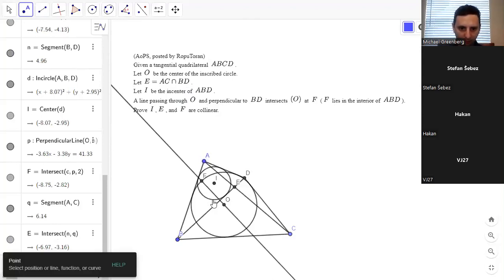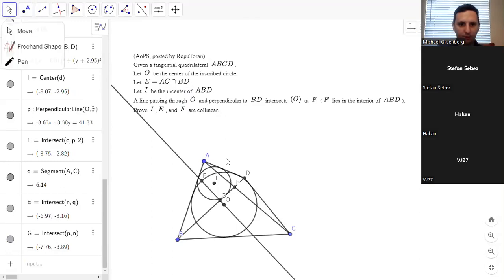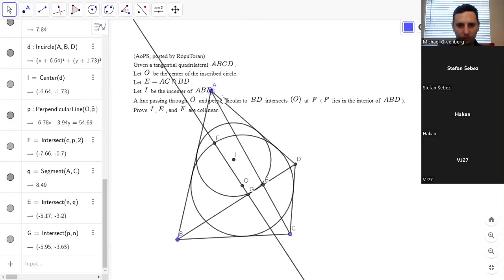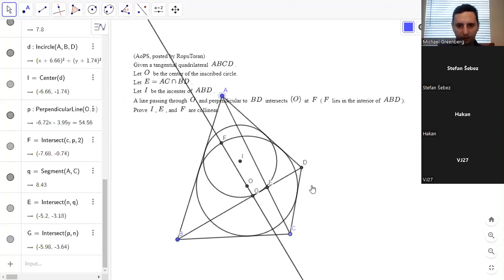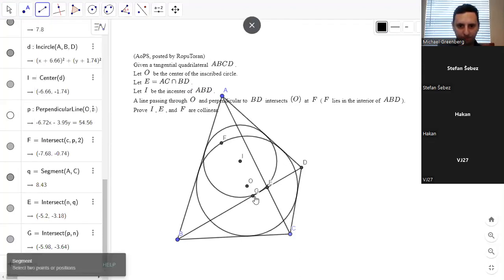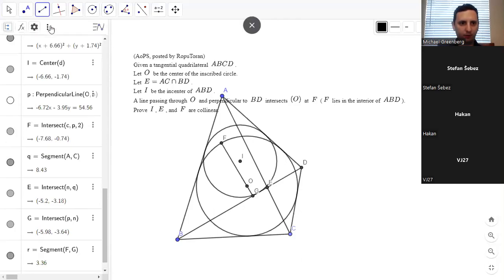It's hard to make the points far apart. There we go. Okay. So let's hide this. Just draw the segment FG. Okay, and I'm going to close this.